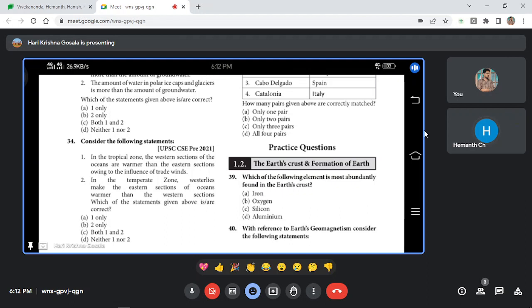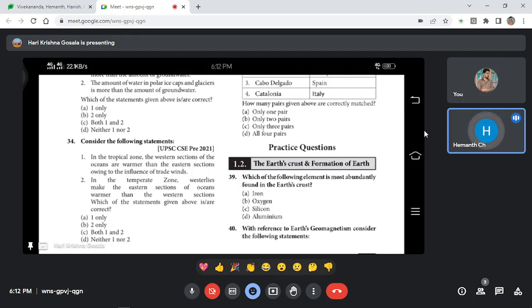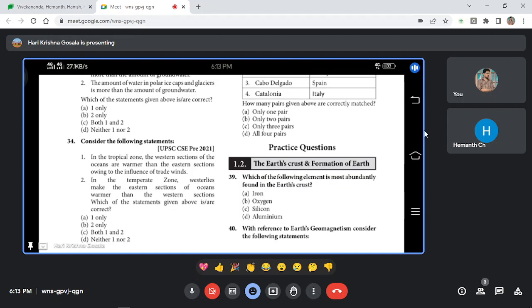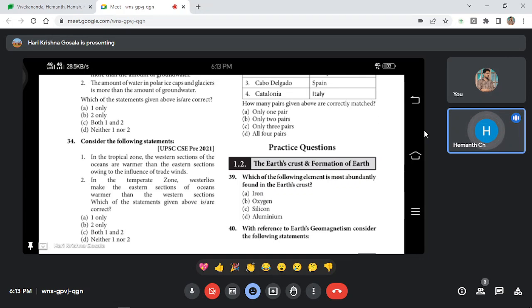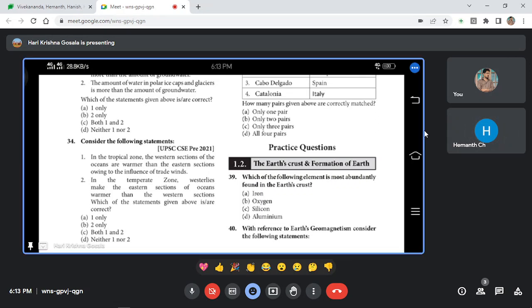In a temperate zone, westerlies make the eastern sections of oceans warmer than the western sections. First is correct. Westerlies make the eastern side warmer.